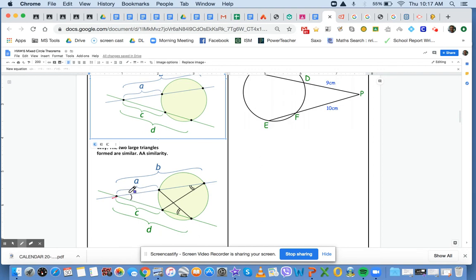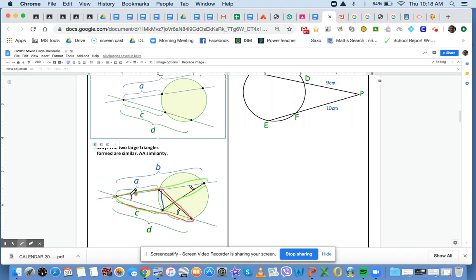The two triangles I'm talking about are this one here, and the other one, which is right here. Okay, those are our two triangles, right? And also, if we just look at the two chords, we can see that those angles have to be congruent.